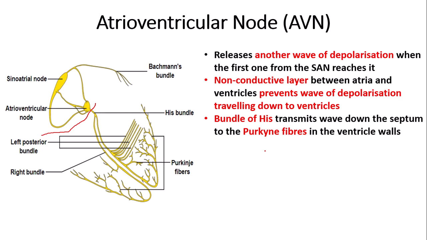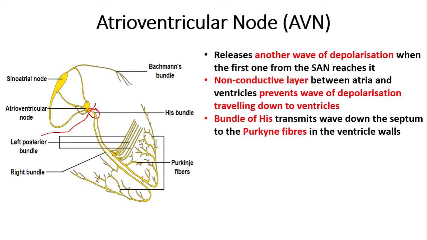So the next thing that happens is that the wave of depolarization released by the AVN is transferred to the bundle of His, or the His bundle, which is this section here. The bundle of His then transmits the wave down the septum, which is this here, so the wave travels down here.